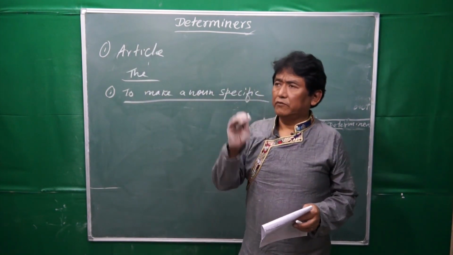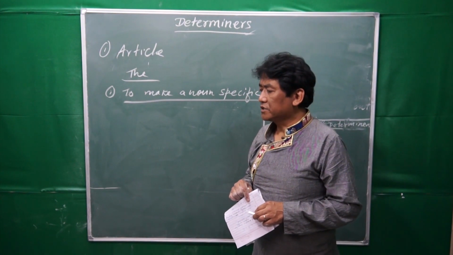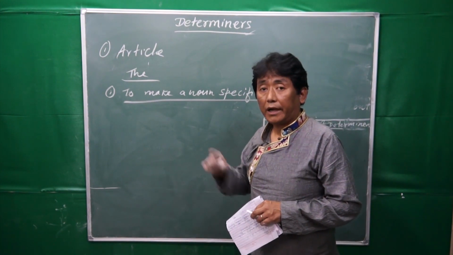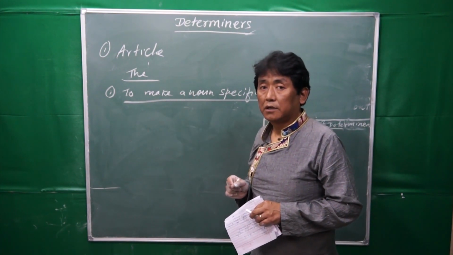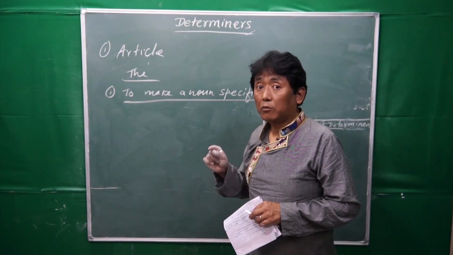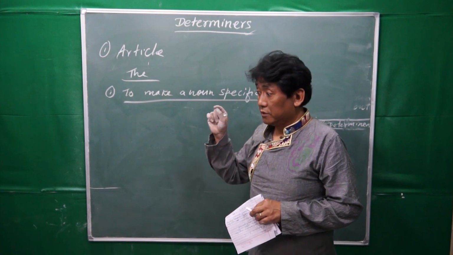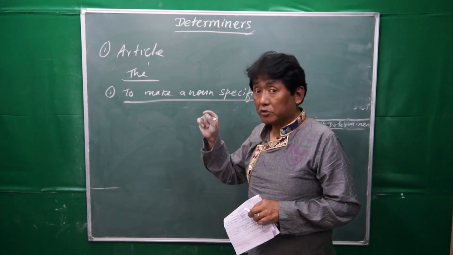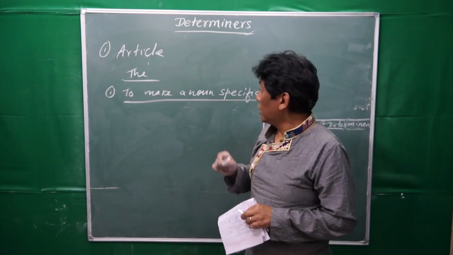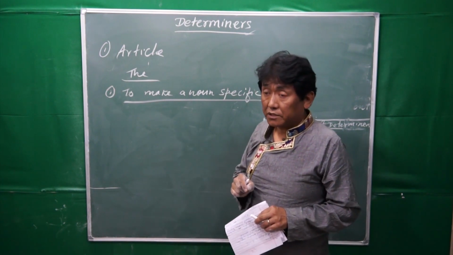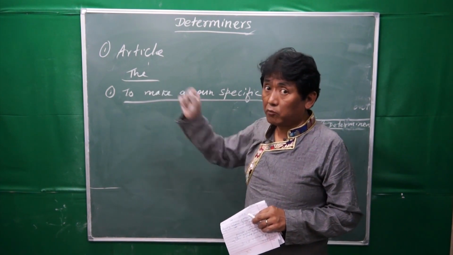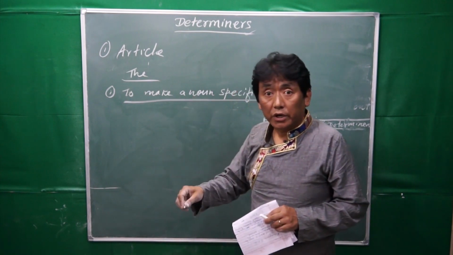See, when I say I saw a boy at the school gate, what did I use? A boy. That means I am talking about that boy for the first time, right? A boy. Next sentence, if I want to talk about the same boy, then I'll write the boy.